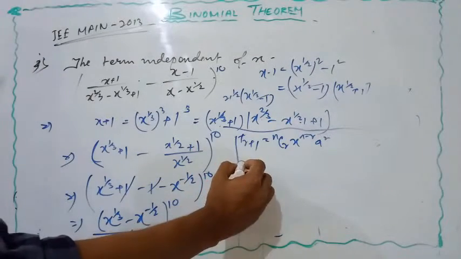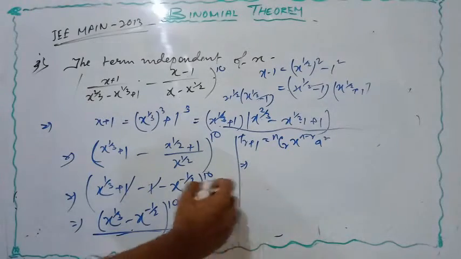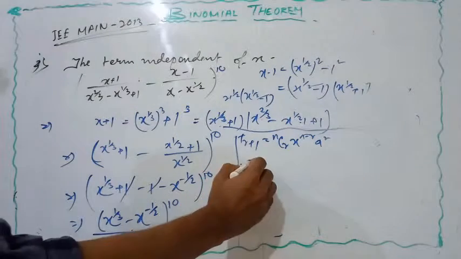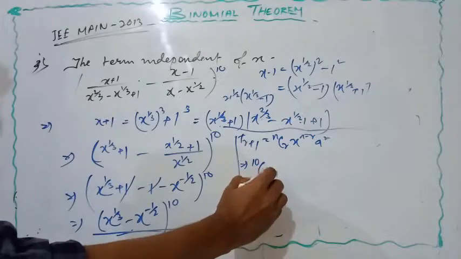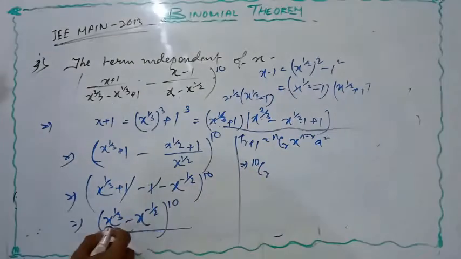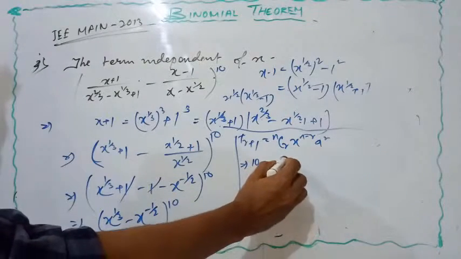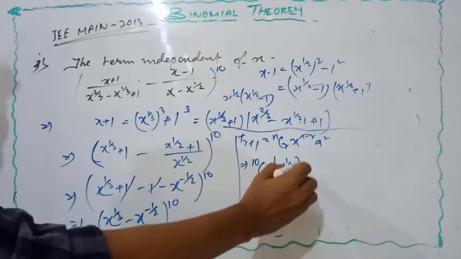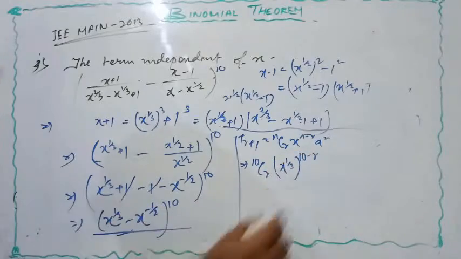So in this expression, what is the general term? T(r plus 1) is equal to nCr, where n is 10, 10Cr, x to the power n minus r. Here x is x to the 1 by 3, so x to the 1 by 3 to the power 10 minus r.